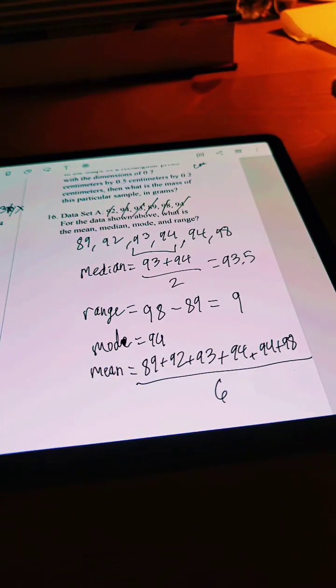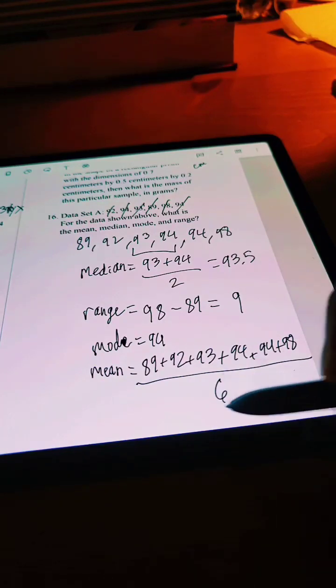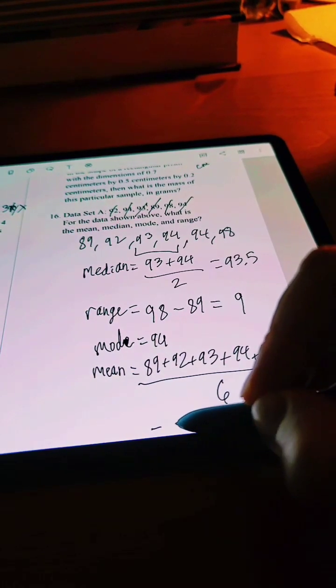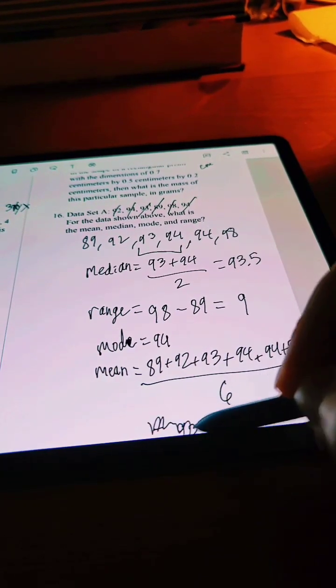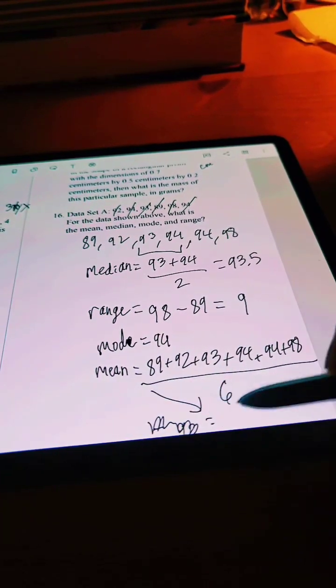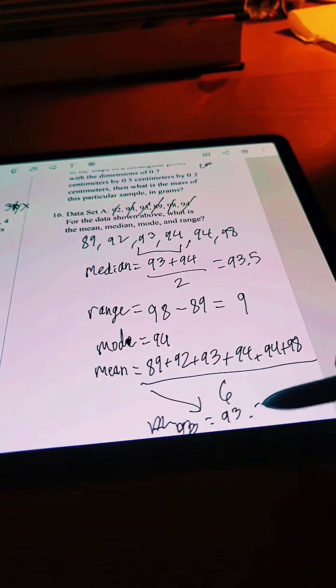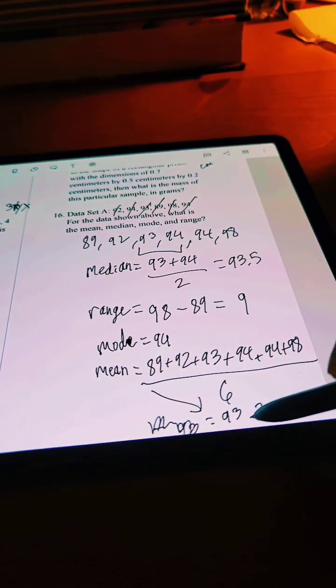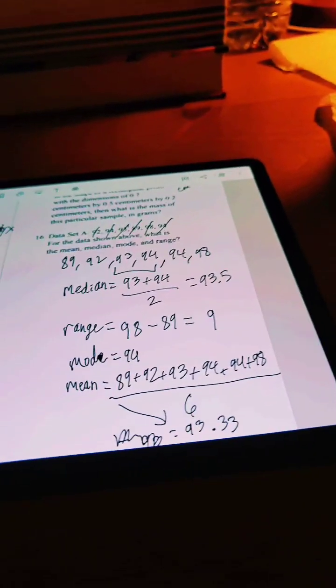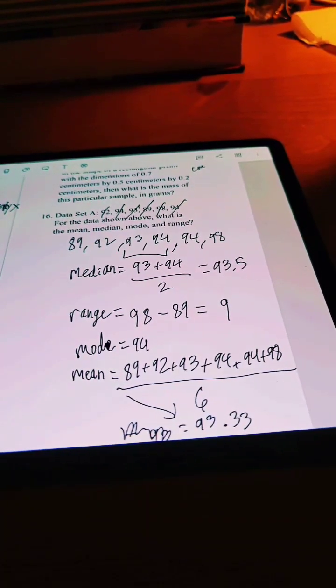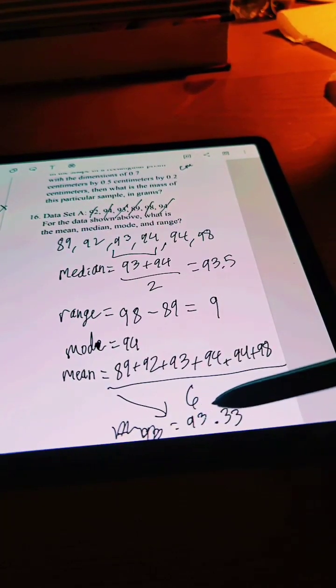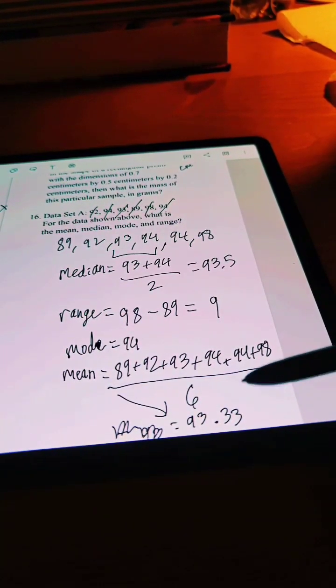So you would just plug that into the calculator, and then the mean would be equal to 93.33. That's where you would cut it off, because you're allowed 5 characters for the SAT if it's positive and 6 characters if it's negative. So that would be 1, 2, the decimal, 3, 4, 5 characters.